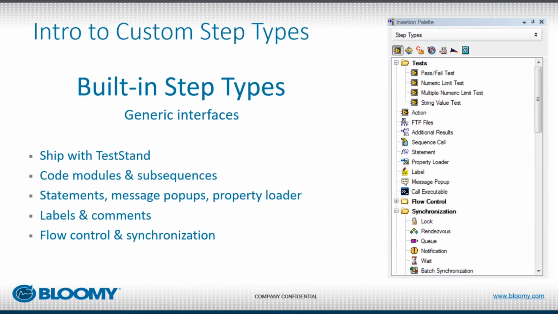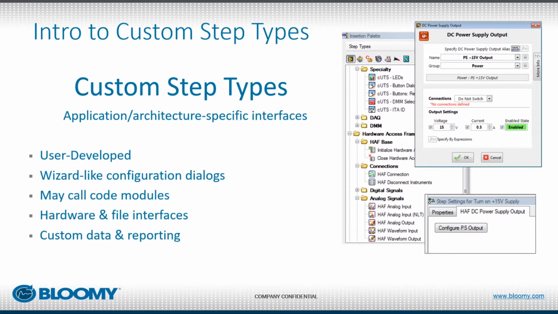To begin and set a foundation, as most of you probably know, TestStand comes with a bunch of built-in step types already, such as numeric limit tests, and you can see the whole list there on the right. But what we're going to focus on are the custom step types.